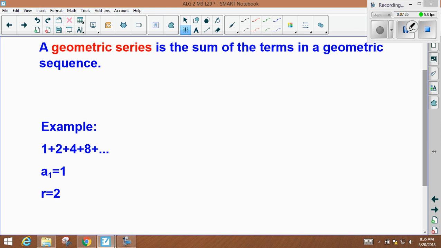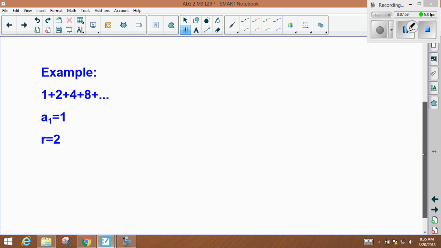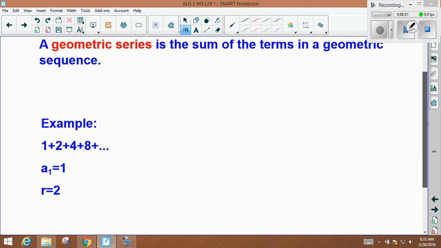The difference between a sequence and a series is that instead of just having a list of numbers and trying to figure out how to get to the end number, we're going to figure out the sum of all those numbers instead. Okay, so we're going to be adding them up. So in this case, we have a geometric sequence. Boom, right? And that's our example of it.